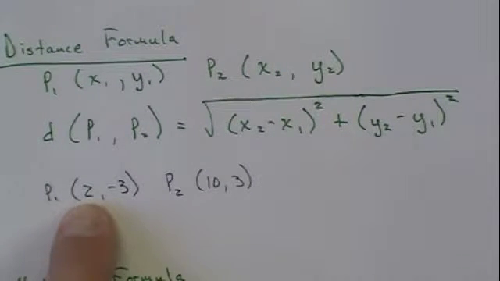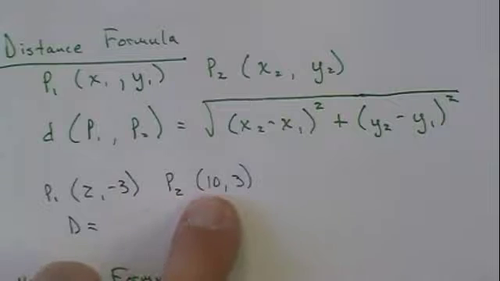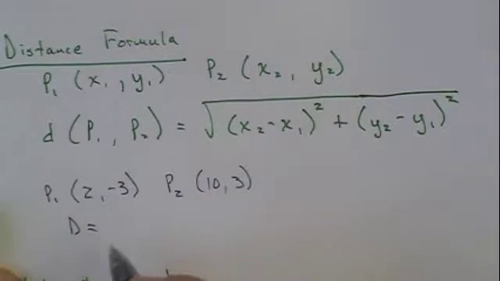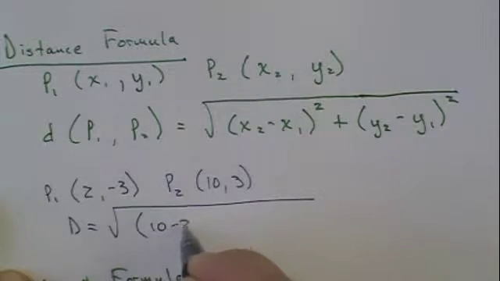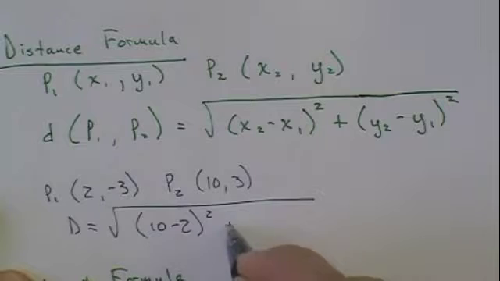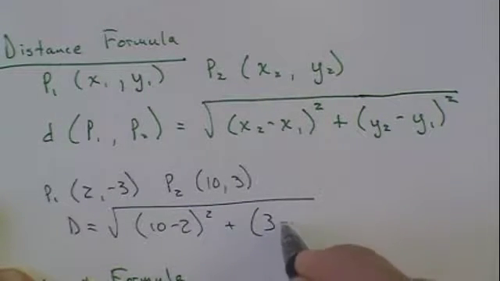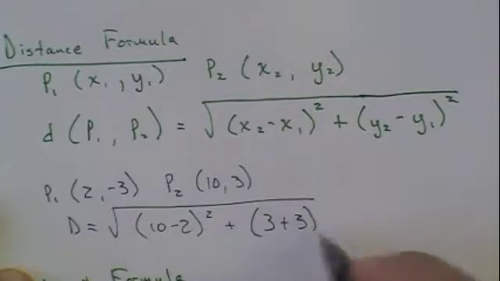So if we have point 1 is at 2, -3, and point 2 is at 10, 3, when we find the distance in between these 2 points, I'm going to find the difference in between my x values. So I'll take 10 minus 2, and I'm going to square that. And then I'll take the difference in between the y values. 3 minus a -3 goes to 3 plus 3, and I'm squaring that.